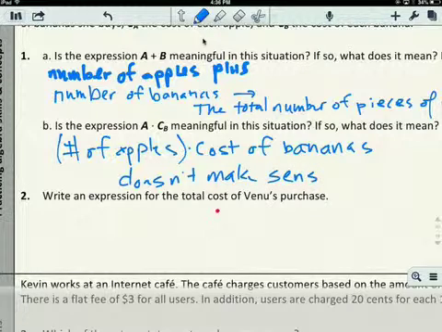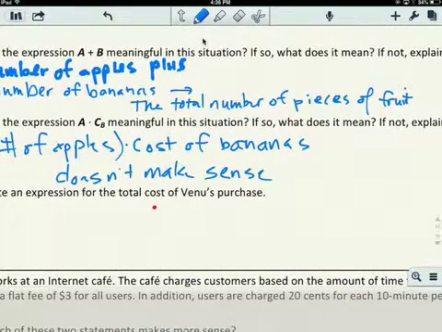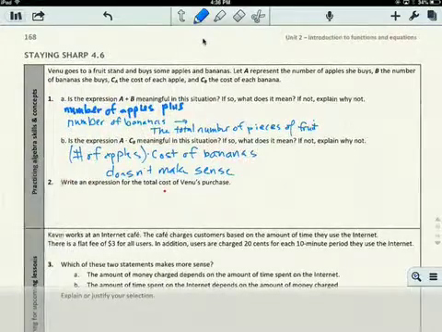I know that when you take a cost times a number, you find a total, but you have to take the cost of the thing. So if you went to the register with this, you'd be upset because if they charge more for bananas than they do for apples, you'd be getting overcharged. This says charge me the amount for bananas for each one of my apples. That doesn't make sense.